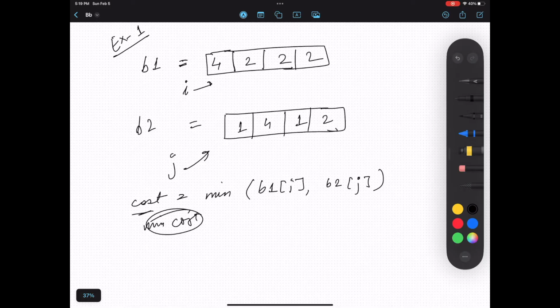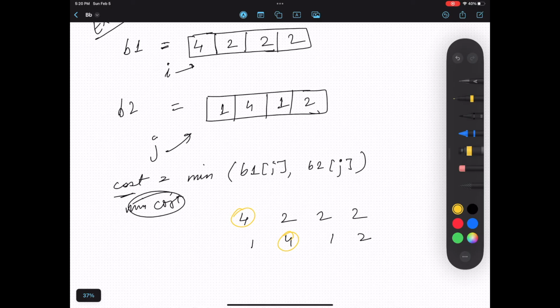Let's take a look at this example, 4 2 2 2 and 1 4 1 2. 4 and 4 are present already, so we don't need to swap these. 2 and 2 are present, so this is also fine. Now there are two 1s in basket 2, and there are two 2s in basket 1.